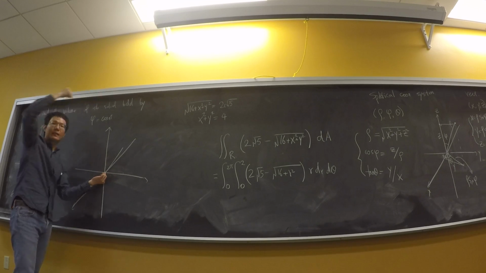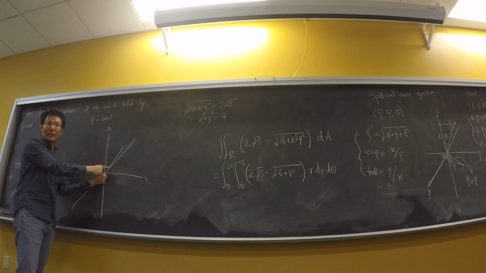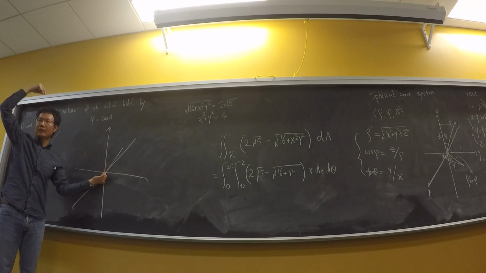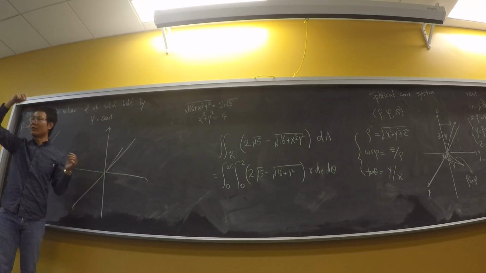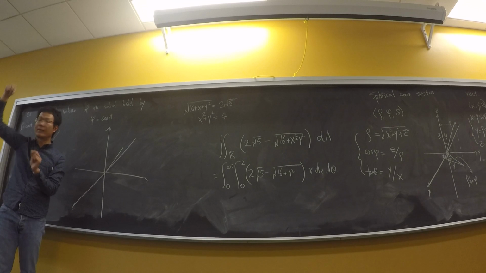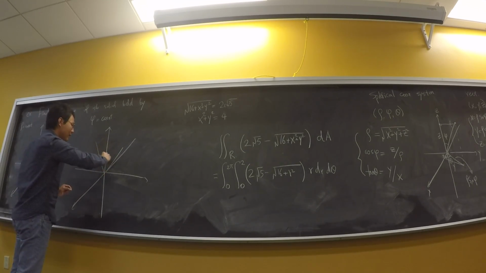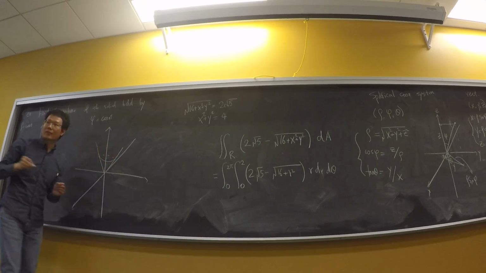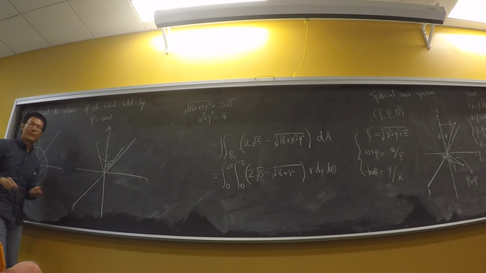This ray can change, but the angle between this ray and the positive direction of the z-axis cannot change. So it's a cone. You can rotate this ray around the z-axis with the angle still fixed as phi. So basically, you're going to get half of a cone, and this angle is exactly given by phi.